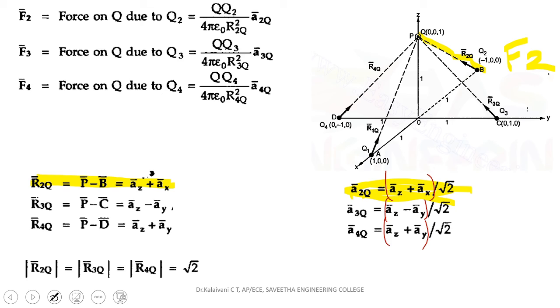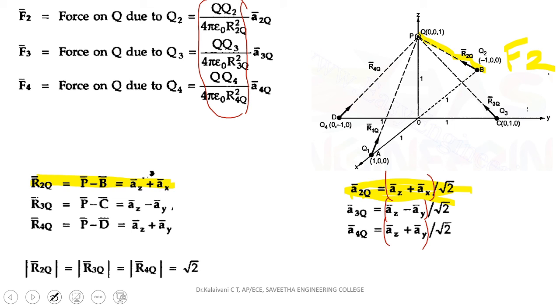So we can substitute in the F2 formula. The Q value and Q2 value are the same in all three, so these values are almost the same and only the unit vector differs.